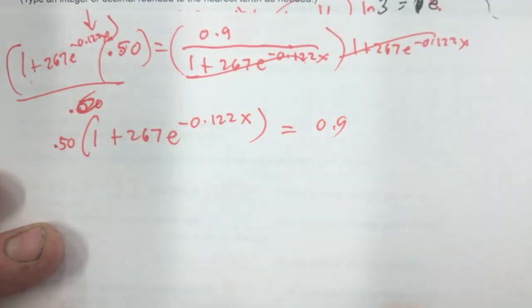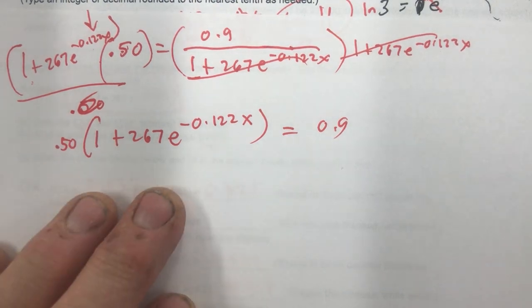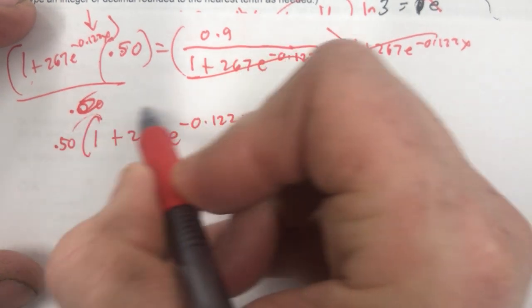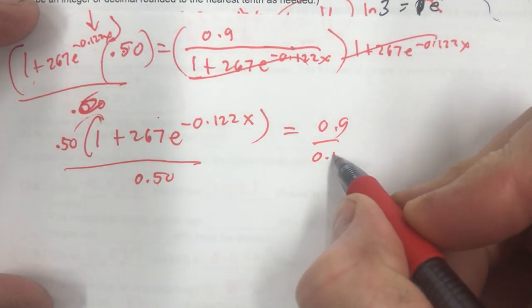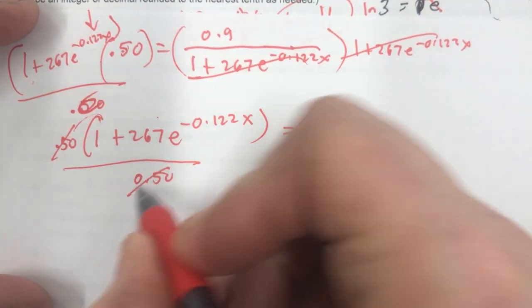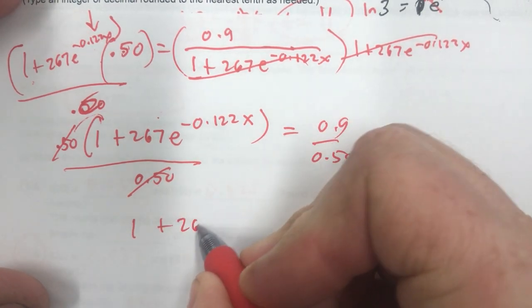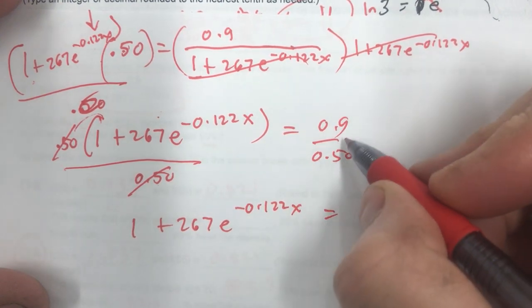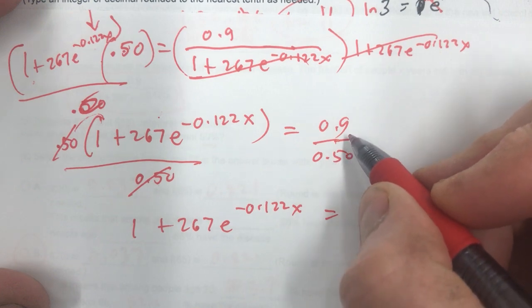So I'm waiting on doing this dividing thing. Let me just write it out first. Now, like I said, I can distribute that 0.50 into here, but I think I might just go ahead and divide by it, which makes this cancel off, and I got this right here. 1 plus 267e negative 0.122x equals 0.9 divided by 0.5.